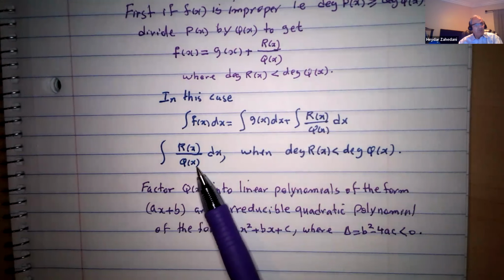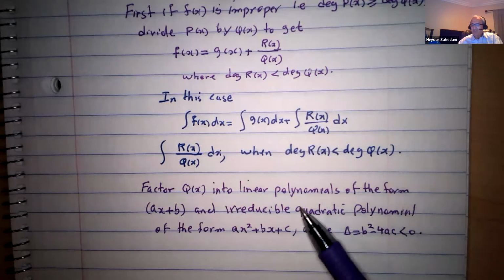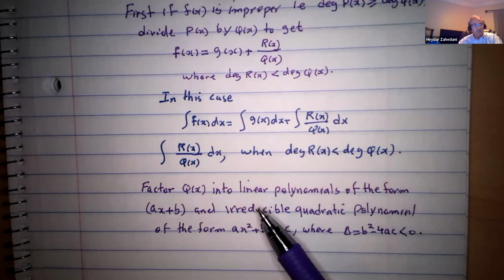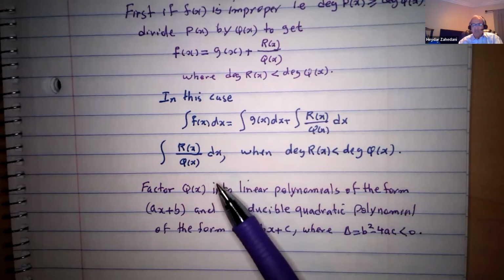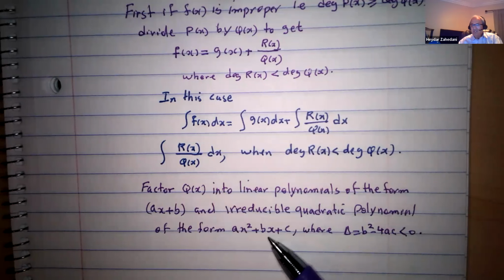So you try to factor q of x into linear factors, x plus 1, x minus 2, etc., times an irreducible quadratic, which means non-factorable, something like x plus 1 times x squared plus 9, because x squared plus 9 is not factorable. These are the starting point.